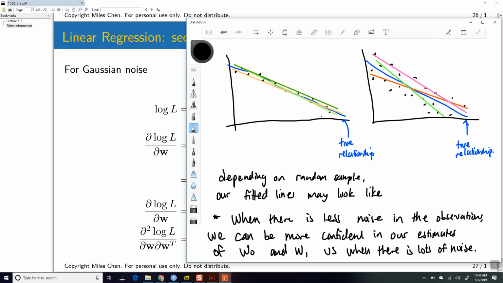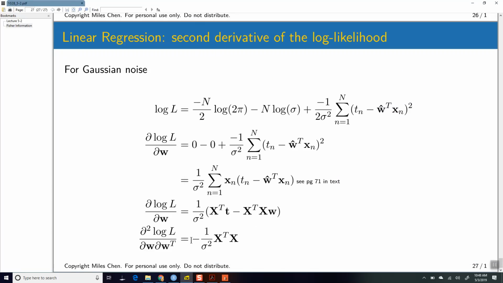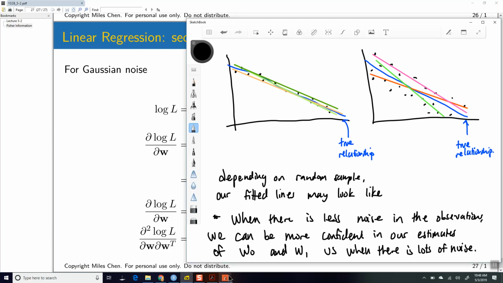This is just a way to quantify it when we throw it into the Fisher information matrix.